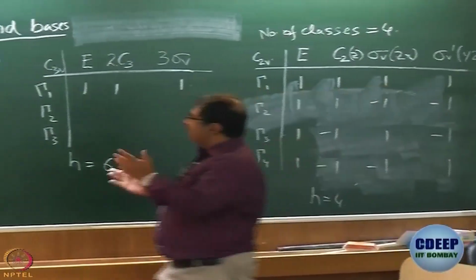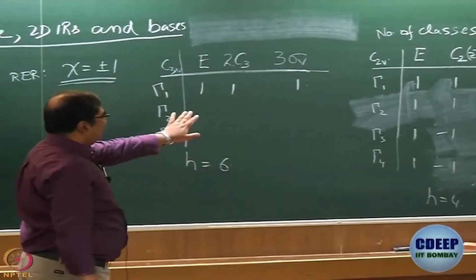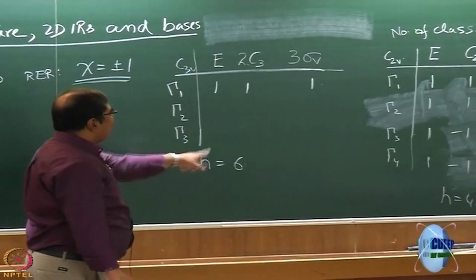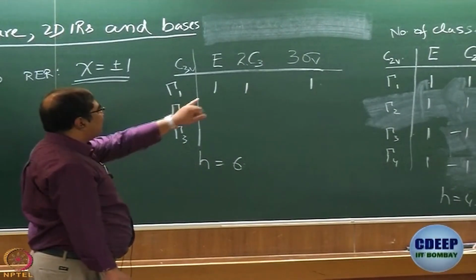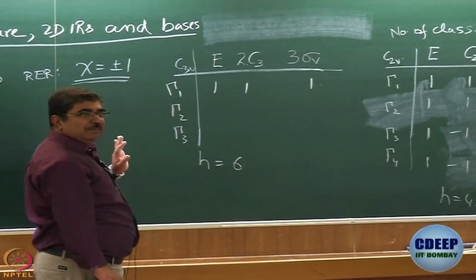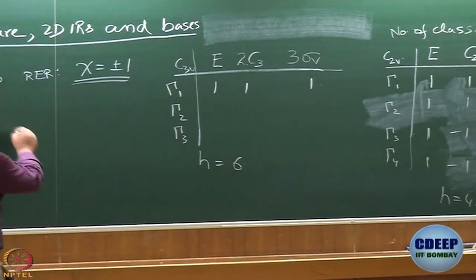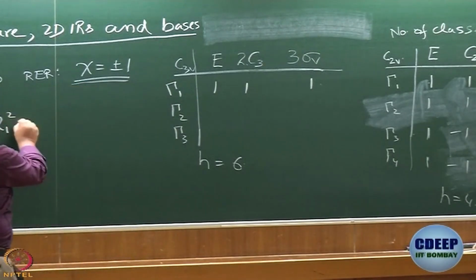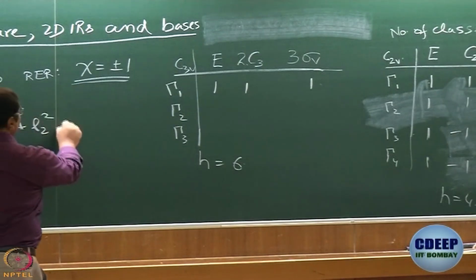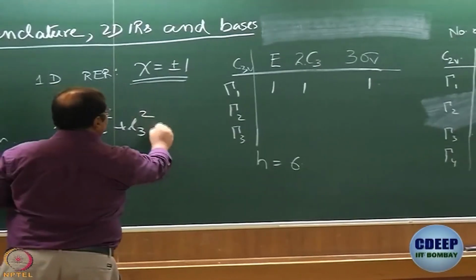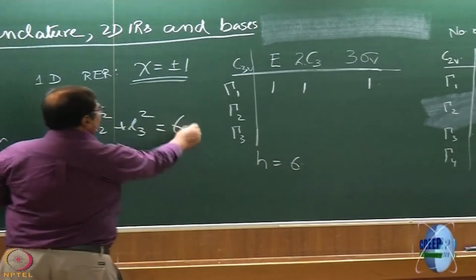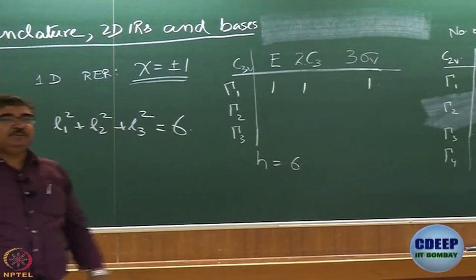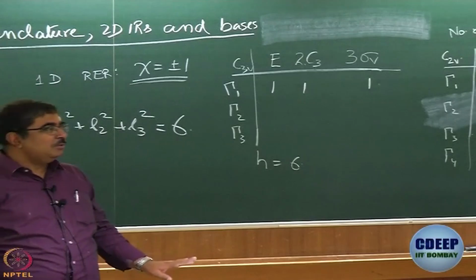Okay. Exactly the same thing for C3V. h is equal to 6. The number of classes is equal to 3. So, 3 irreducible representations. So, what do I write? l1 square plus l2 square plus l3 square is equal to how much? 6. What are the possible values of l1, l2, l3? 1, 1, 2.